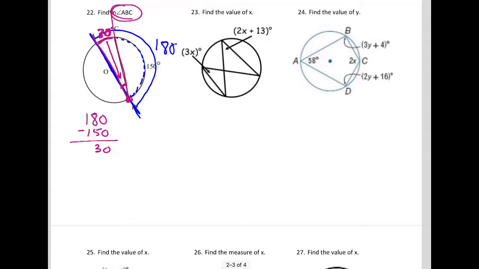If the vertex is on the edge of the circle, to get the angle, you just do the arc divided by 2. So you do 30 divided by 2, and that gives you that the angle is 15 degrees. So the measure of angle ABC equals 15 degrees.